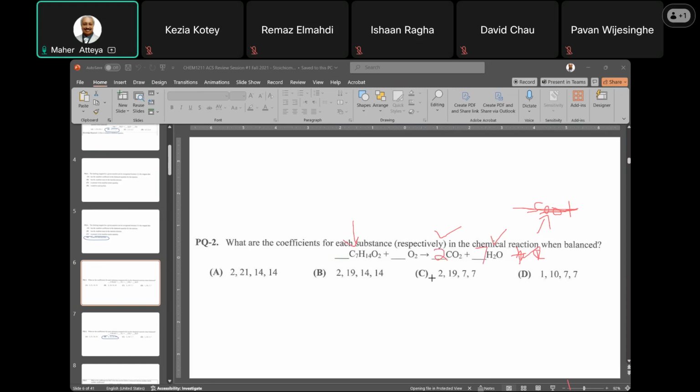However, you have here 2 and 2, that is 4 oxygen, and here is 7. So 7 and 4, the oxygen is 11, right? 2 and 2 is 4, and here 7 plus 4 is 11.